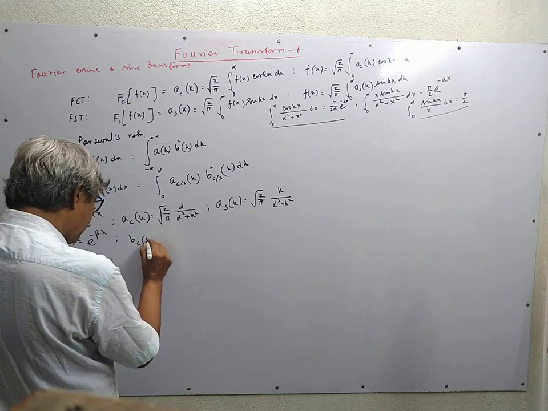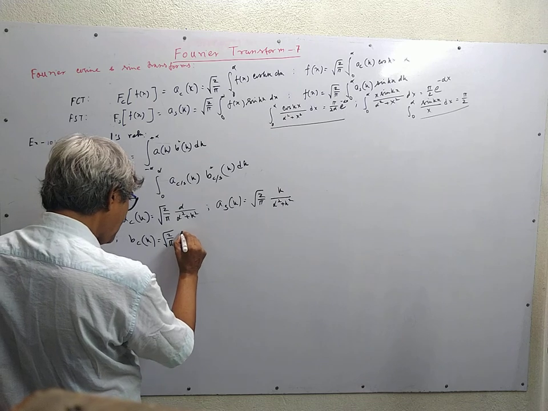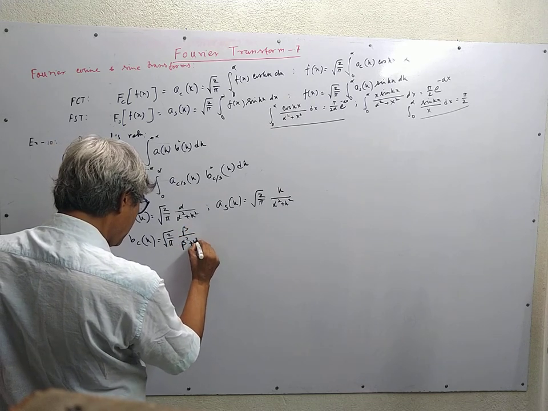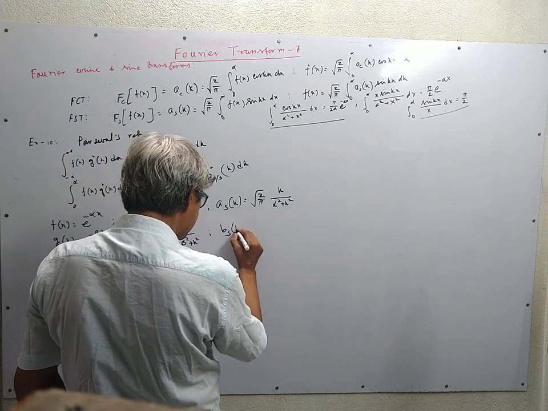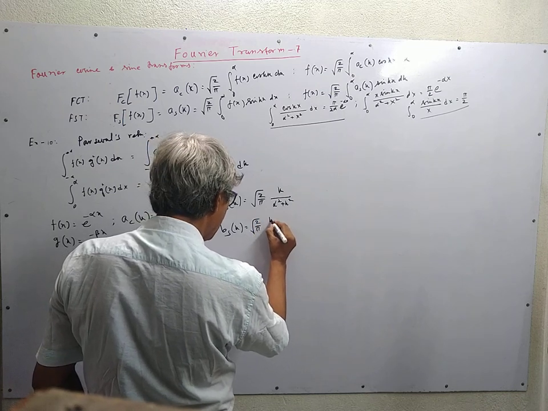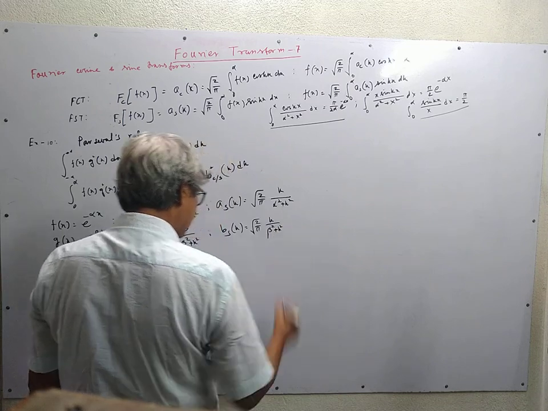Its cosine transform is this, and its sine transform is this. So the plan is this.